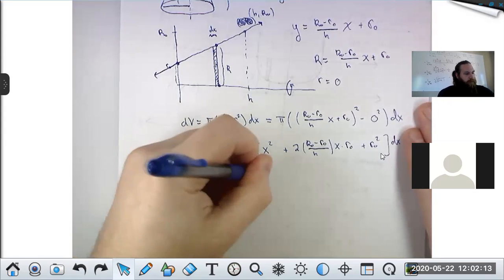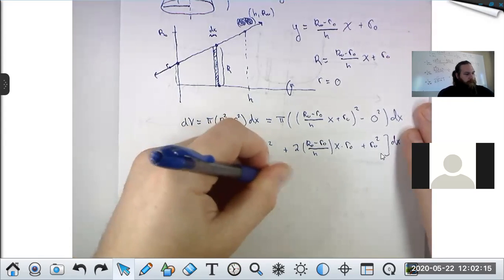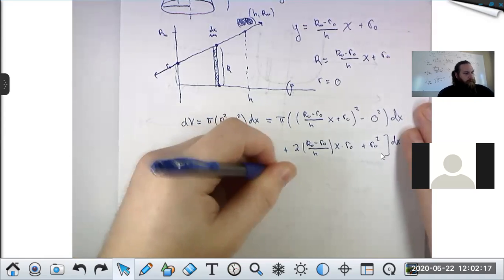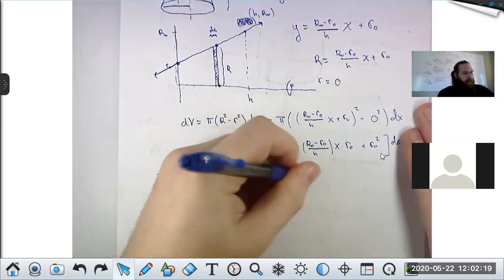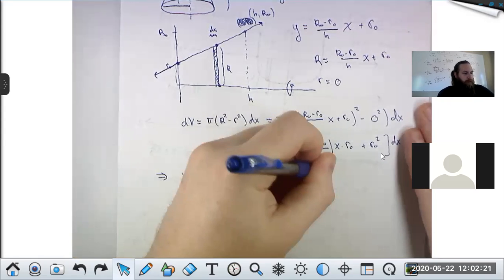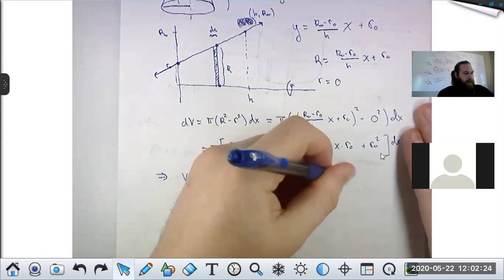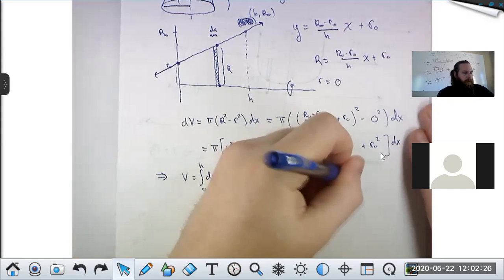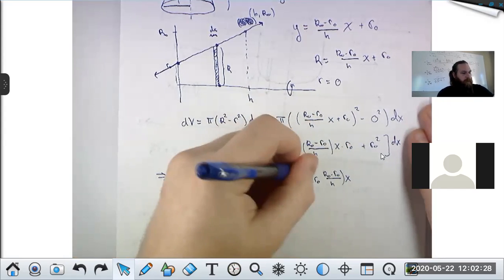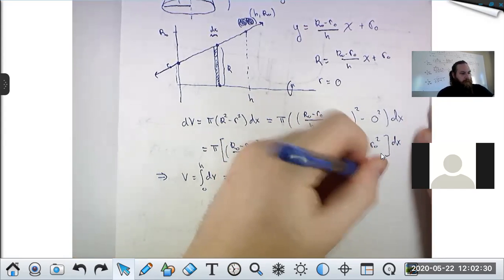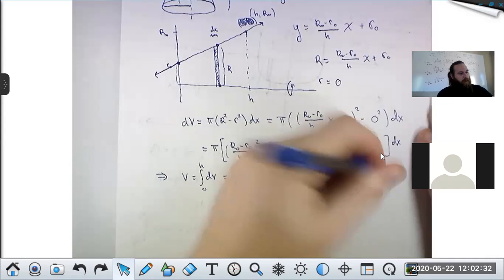So that's big R naught minus little r naught over h, squared, times x squared, plus 2 little r naught times big R naught minus little r naught over h times x, plus little r naught squared, dx.